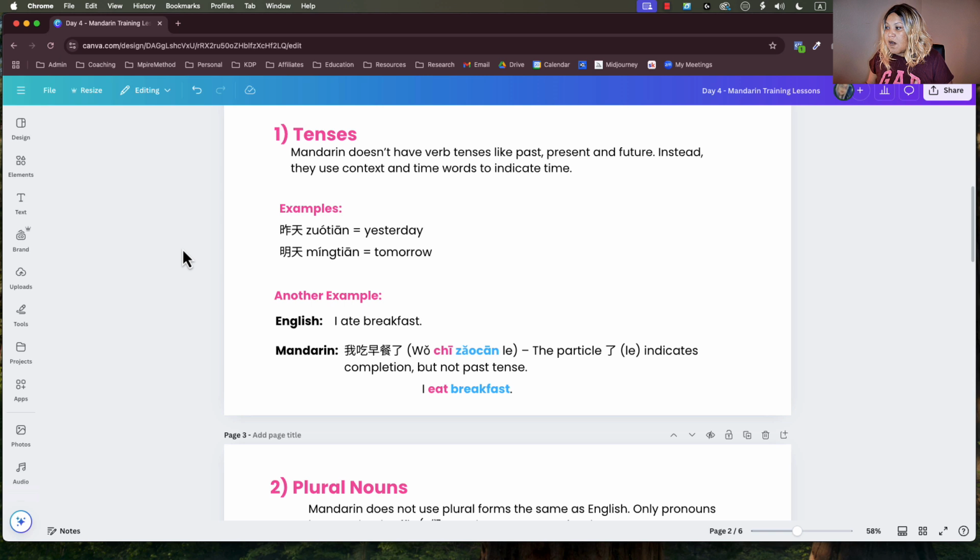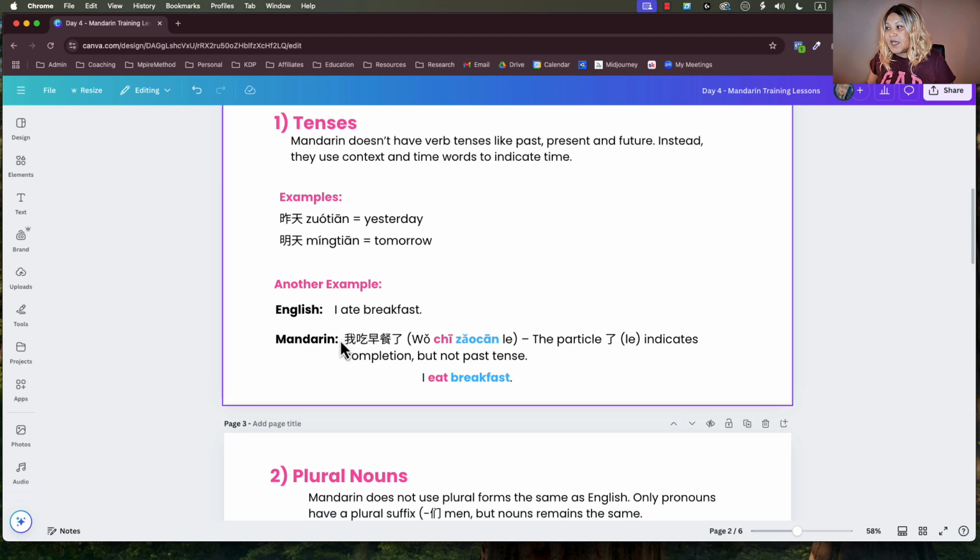But if we're talking in English like, I ate breakfast, like I already did, I ate in the past. Maybe it's in the afternoon and I say, I ate breakfast, that was this morning. So that was past tense. That's how we would say it in English: I ate breakfast.